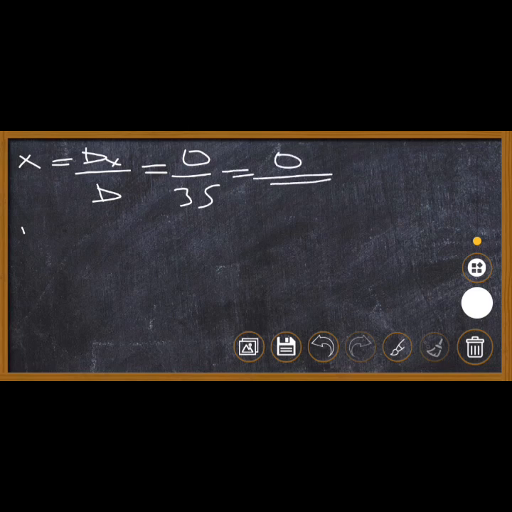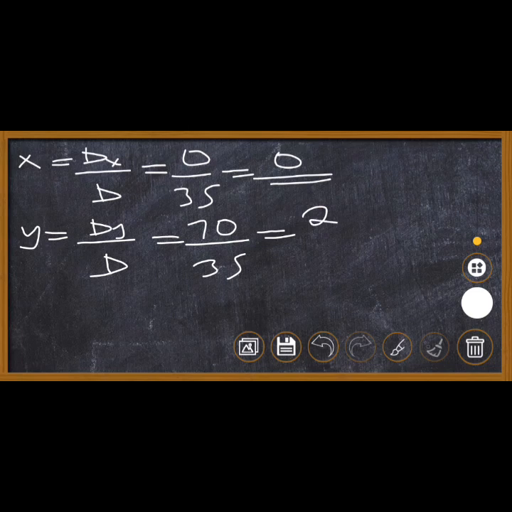Then our value of y is dy over the general determinant. So our dy was what? It was 70 over the general determinant, which is 35. So 35 into 70 is what? It's 2. And then our value of z was dz over the general determinant. So dz was what?